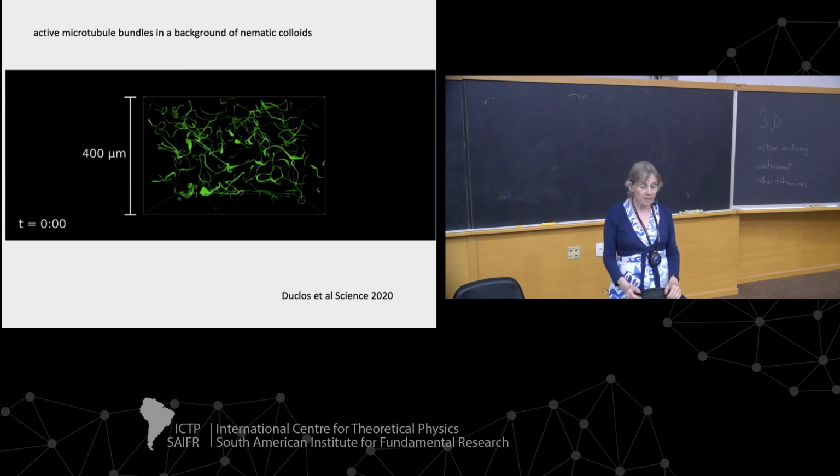The only extra thing they had to do is add passive nematic colloids to the mixture, because it wasn't aligned nematically enough without them. It helped to give you the nematic alignment you needed to get the active turbulence.